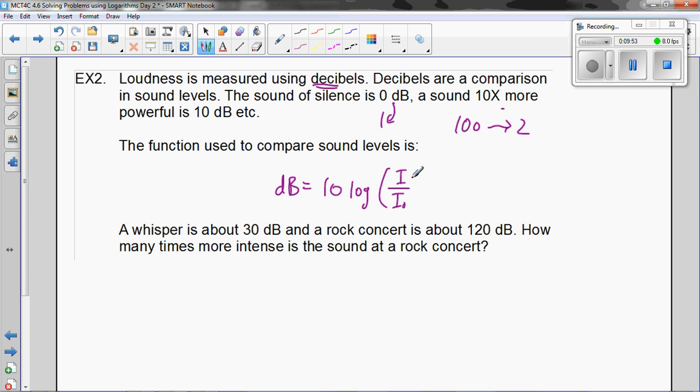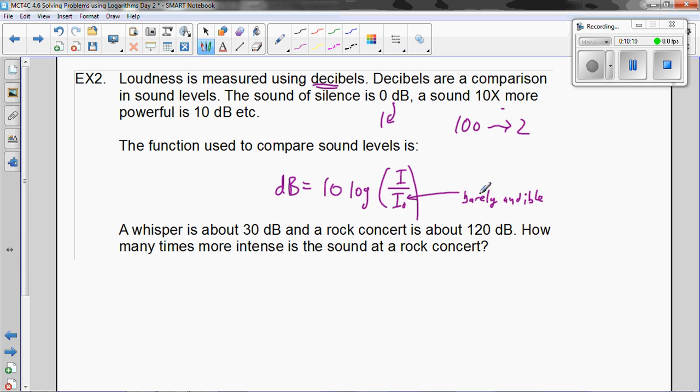I0 is the sound of silence. I guess you could think of that as supposed to be a barely audible sound. And we always go back to that value.